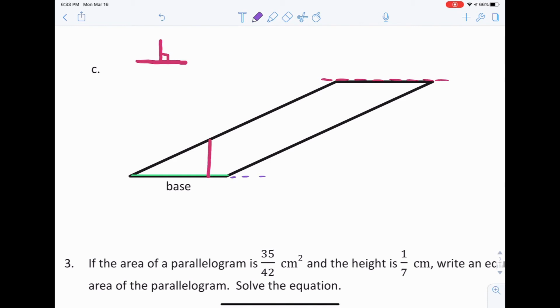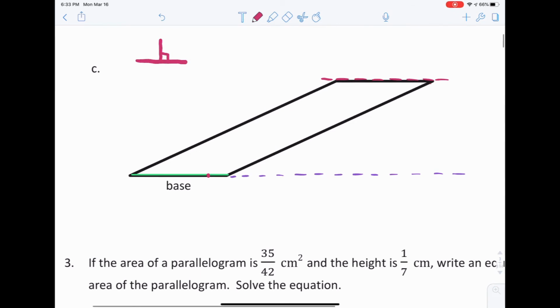This is one of my favorite ways to think about it. If I were to imagine the base just continuing, like on that purple dotted line, then I could actually draw the height going from there to the top corner. I'll start from the top, just going nice and straight and matching up with where that base reaches.